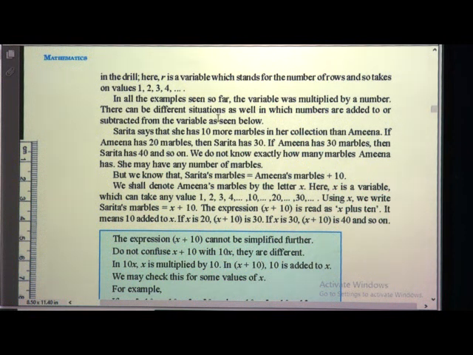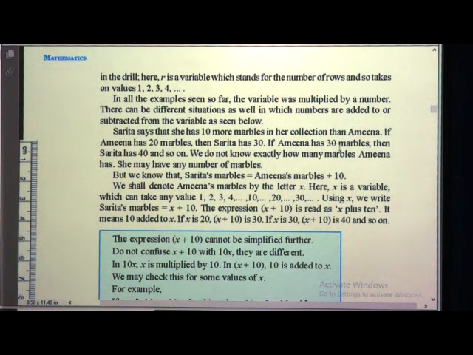There can be different situations as well, in which numbers are added to or subtracted from the variable, as seen below. Sarita says that she has 10 more marbles in her collection than Amina. It means if Amina has 20 marbles, then Sarita has 30. We can find this orally.